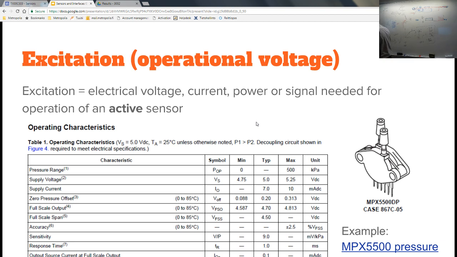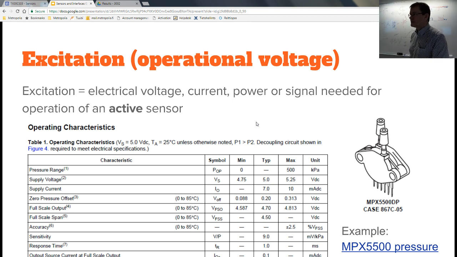This voltage is usually about 10 volts or so, but there's almost no current on it. The electronics is designed that way, so it doesn't give much current. Okay, just the excitation voltage.